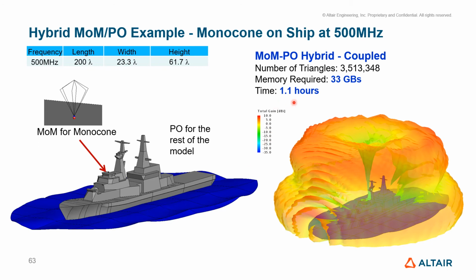So this would have been an enormous amount of computational resources with 3.5 million triangles, but we could solve that with 33 gigabytes of memory and 1.1 hours of time using physical optics for the whole ship structure as well as the water, and of course method of moments for the monocone structure on the ship.